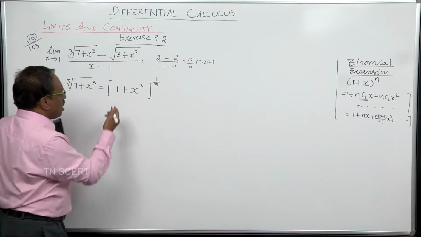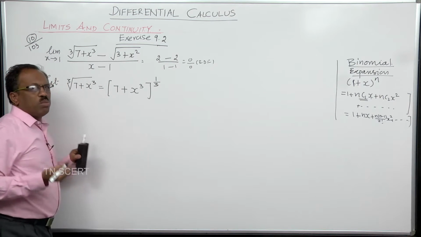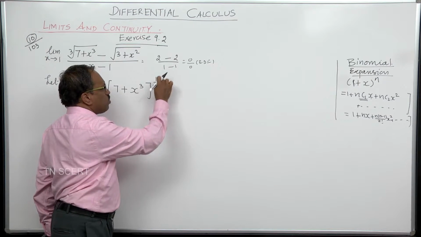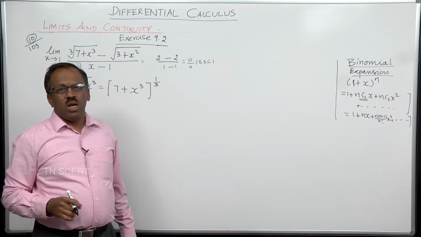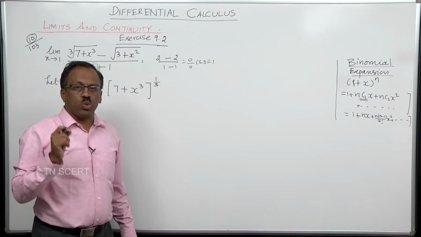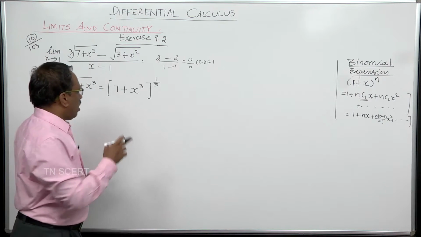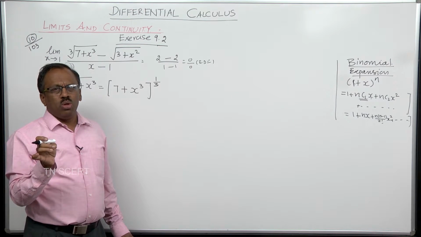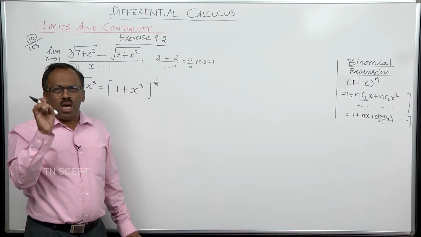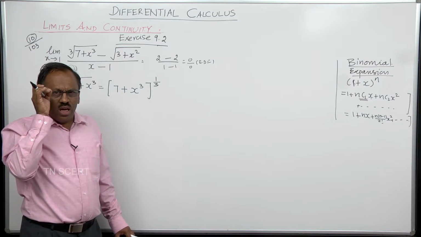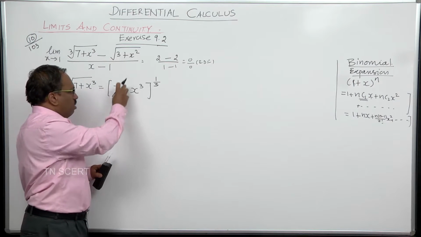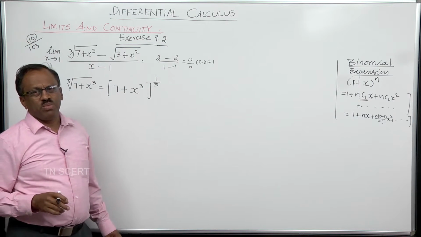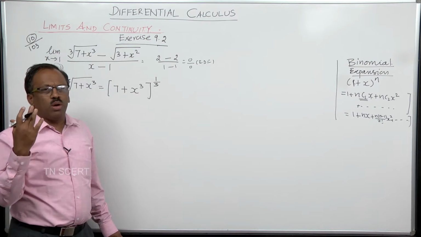The 7 plus x cube must be changed into something related to this power. The power is 1 by 3 and the number is 7. You should know what number to factor out so that I get 1 here.